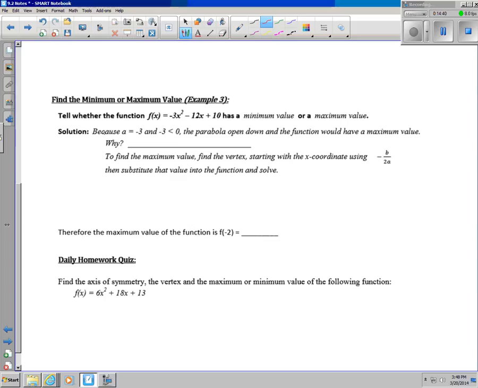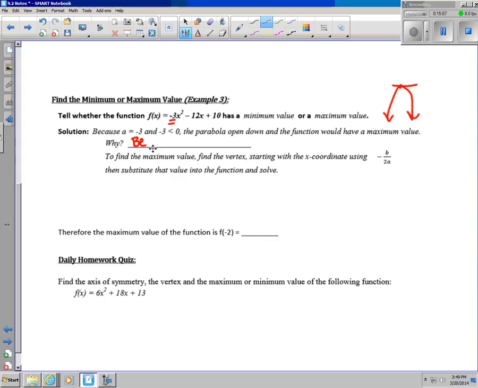So because a equals negative 3 and negative 3 is less than 0, the parabola opens down. Since my a term is negative, my parabola opens downward. Picture it, you don't have to look exact, but picture it opening downward. My vertex is the very top point. It's the highest point. So the function would have a maximum value, and that would be your y.